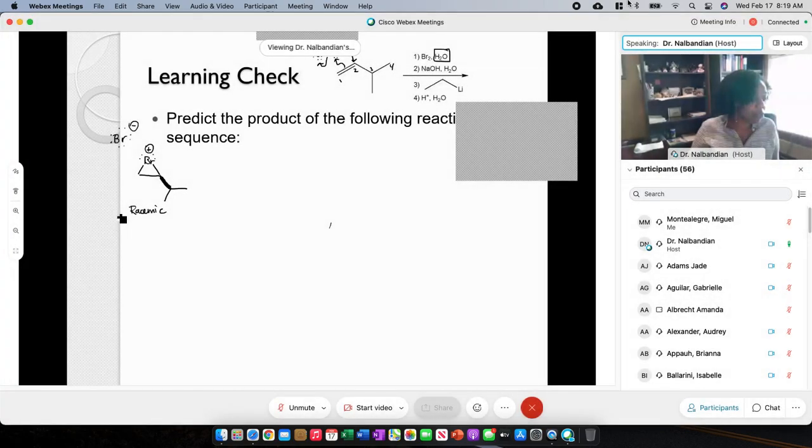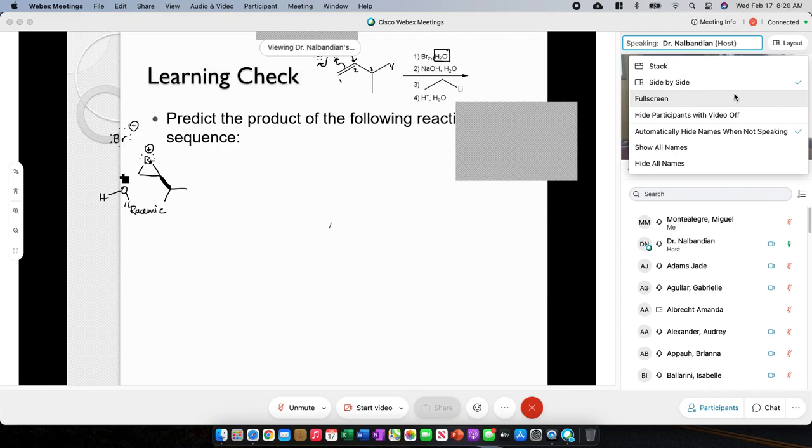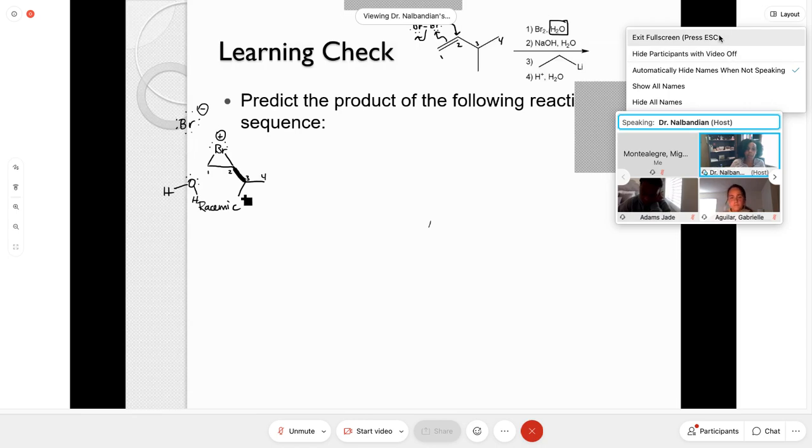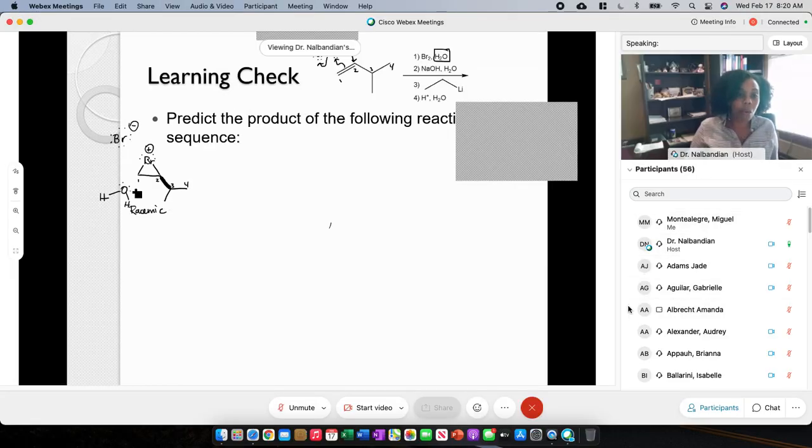But I need to do this reaction with the water as my nucleophile, not with the bromide. So I have a positively charged three-membered ring. And so with a positively charged three-membered ring, remember, we're going to attack the more hindered side. When I attack carbon 2, I have to break this bond. Don't forget that second arrow.